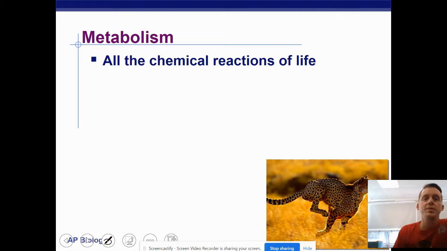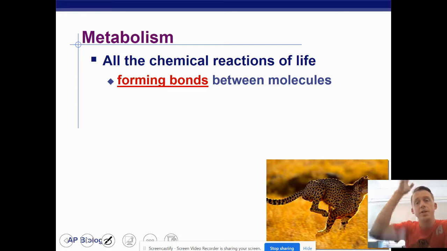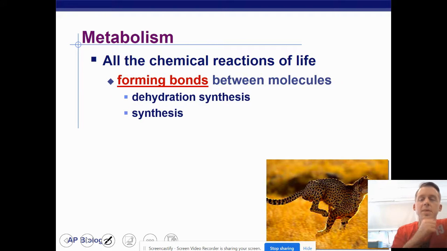All right, metabolism represents the chemical reactions that deal with energy in living things. So metabolism just kind of represents those chemical reactions that especially deal with energy. So some of these chemical reactions in living things are going to form bonds between molecules, and we already know a lot about this.